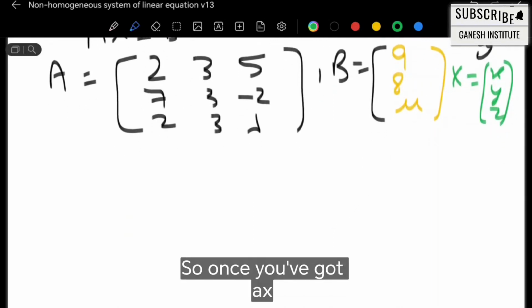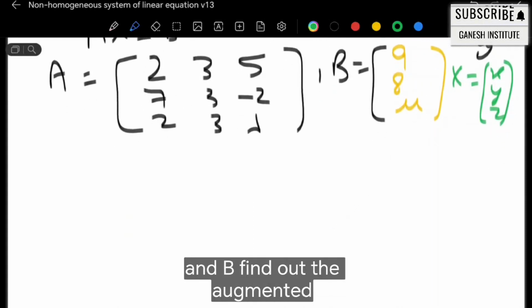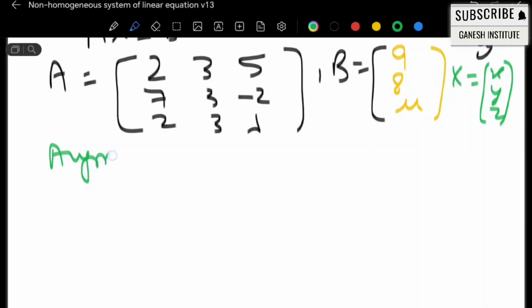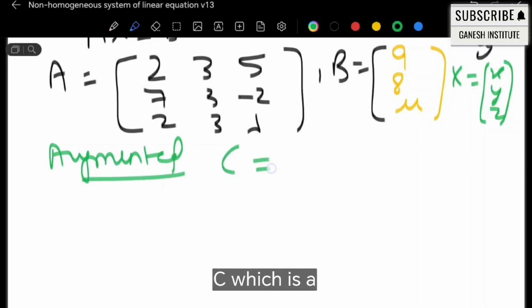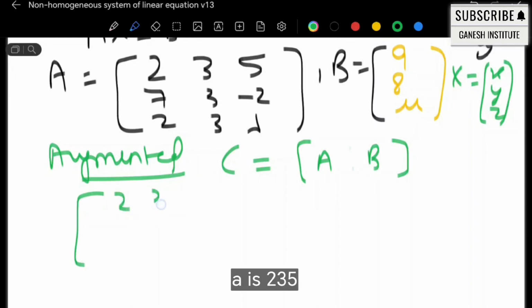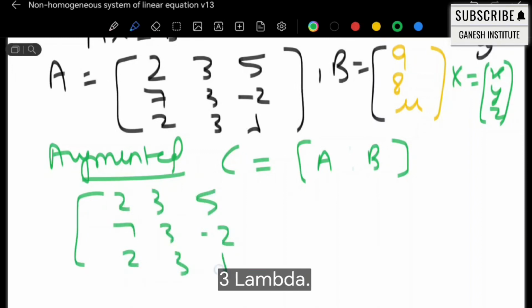So once you've got AX and B, find out the augmented matrix. How to find augmented matrix? C, which is A colon B, right? So A is 2, 3, 5, 7, 3 minus 2, 2, 3 lambda, colon 9, 8, mu.